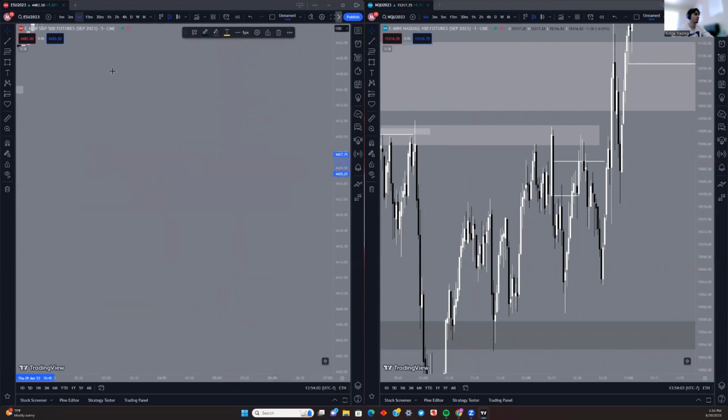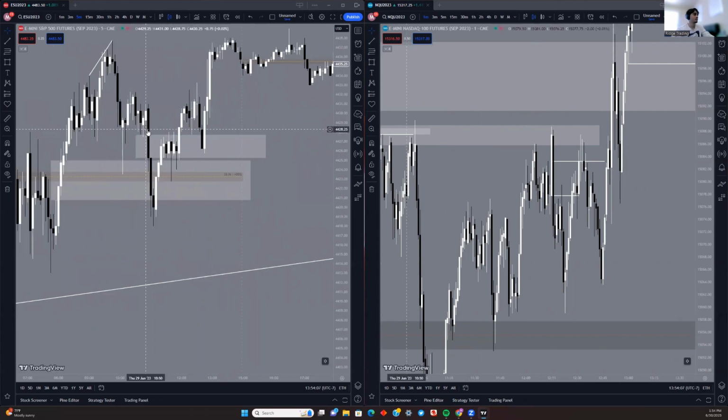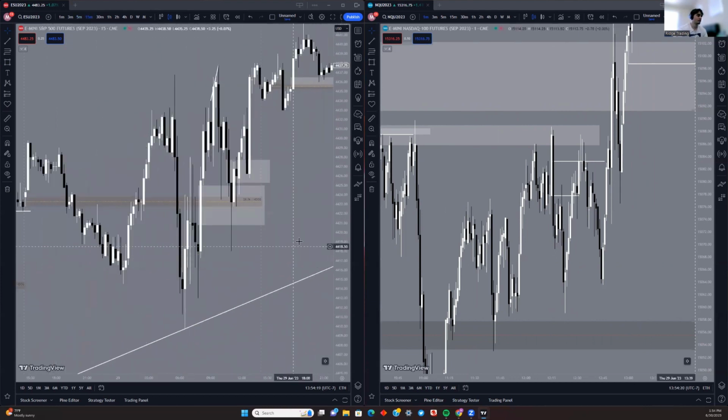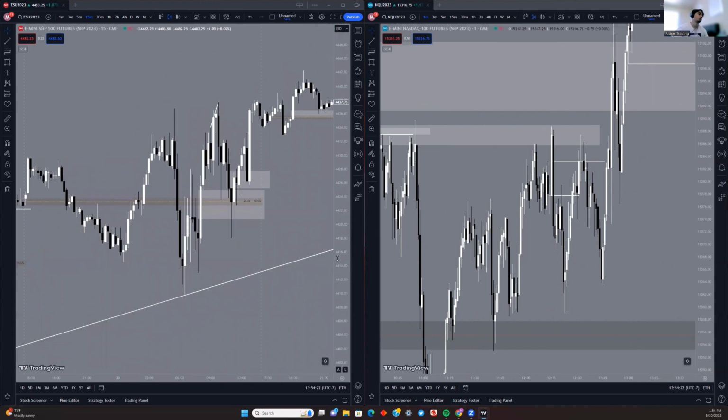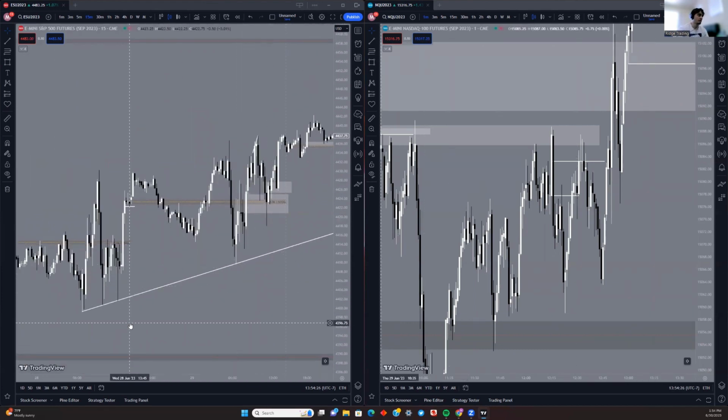Because it does not hold, it becomes an inverse, and now we see up, comes down, push, and now continues higher. So really use those inverse FVGs as your conviction when you're trying to target sell side.